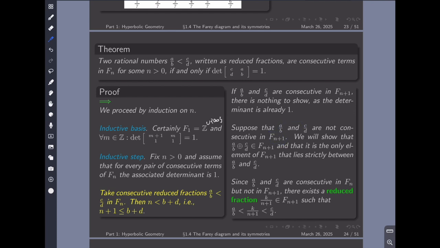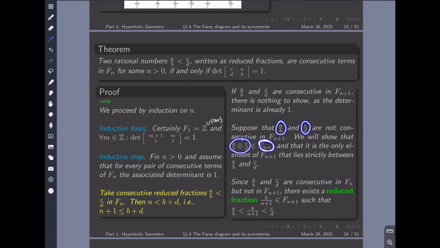Okay, and one shows that their naive sum, which is in between them, belongs to Fn plus 1. So if these two are consecutive in Fn but not consecutive in Fn plus 1, one proves that their naive addition is in Fn plus 1.